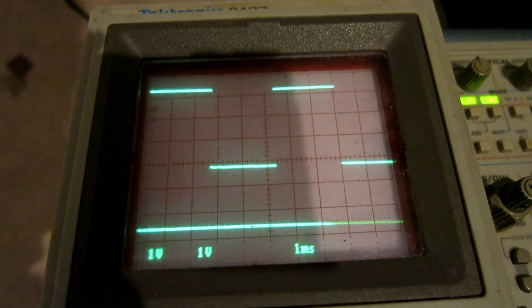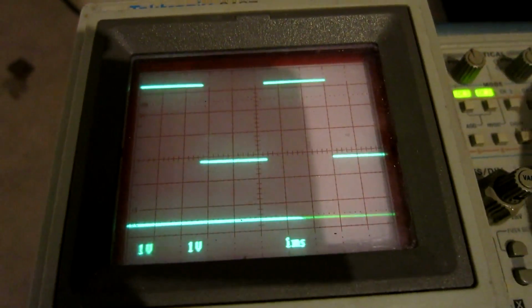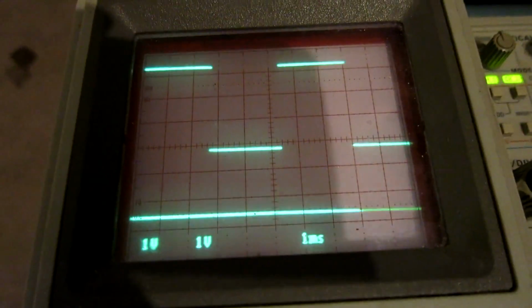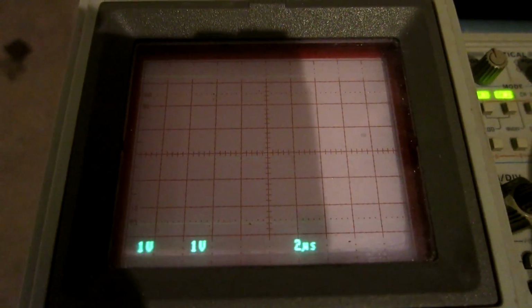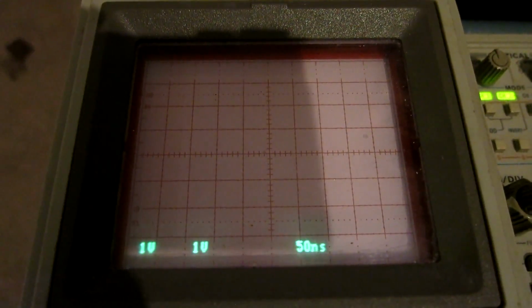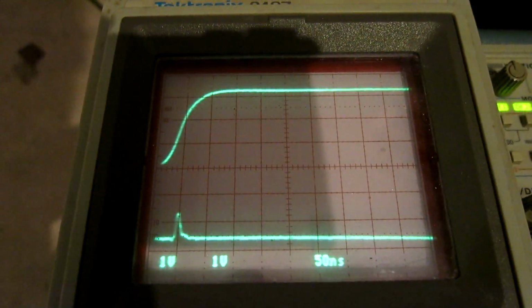So here you can see the square wave, but the pulses are invisible. I have to expand the time scale. It is now 1 millisecond. And now we see nothing. I need more brightness. Here.